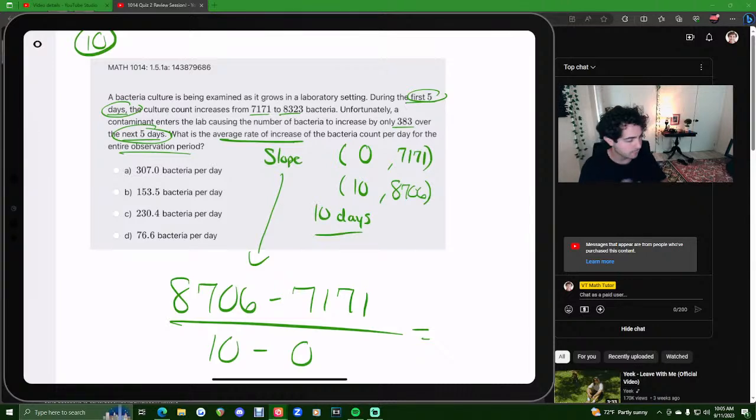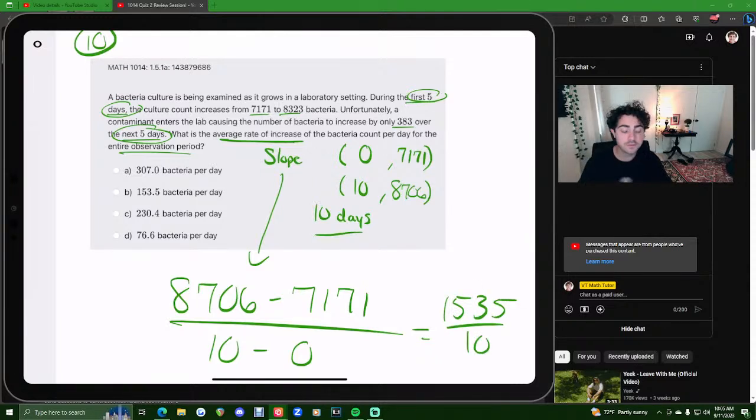All right, my iPhones are breaking here. Nothing's working. This should not be this hard. Give me one sec. This is stupid. 8,706 minus 7,171. Okay. Cheese and crackers. Why did that take so much time?